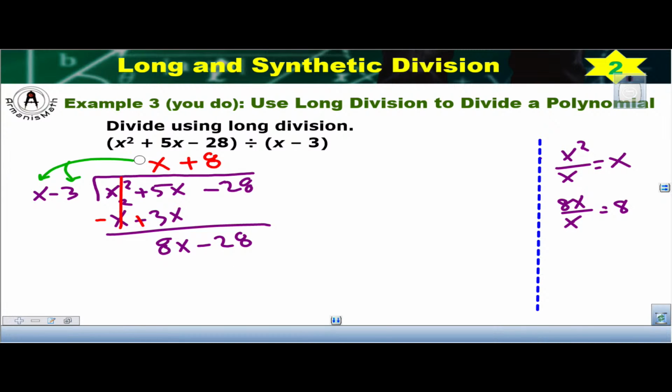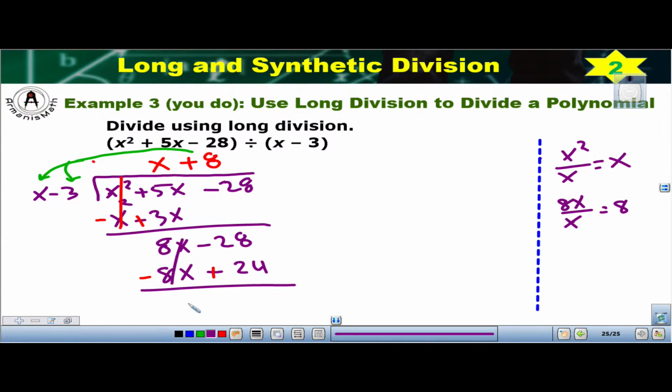I'll take the 8 and again multiply it by my divisor. 8 times x is 8x, and 8 times 3. 8 times 3 is how much? 24. Which doesn't look like I'm getting a 0. It's okay. We're going to live through this. Change the sign. 0.